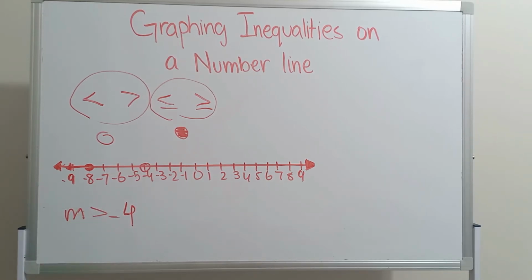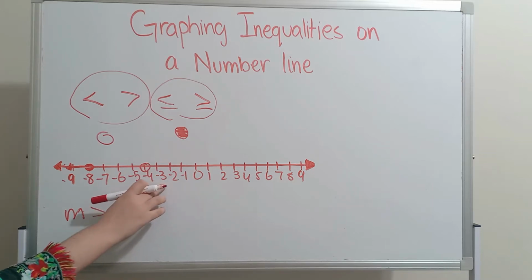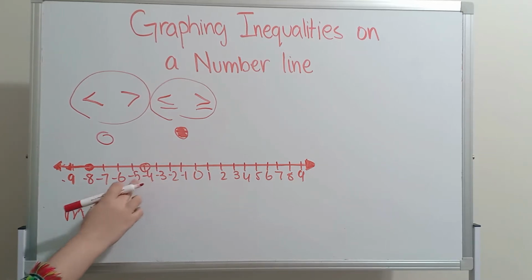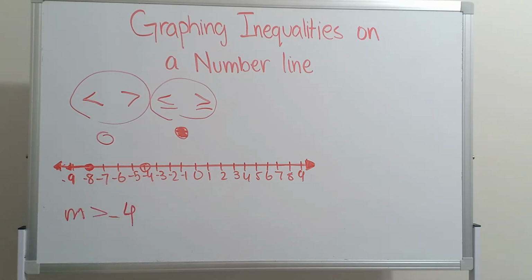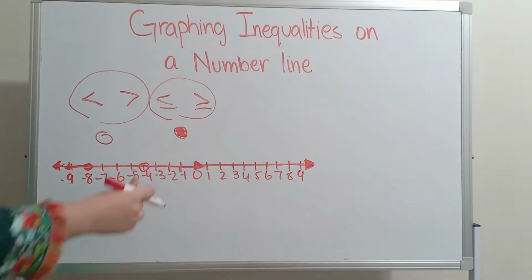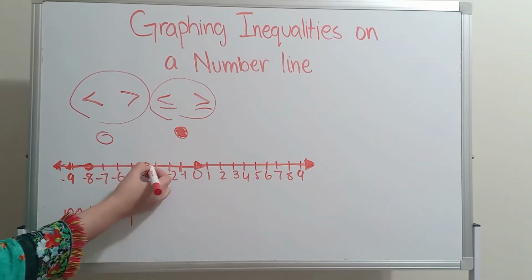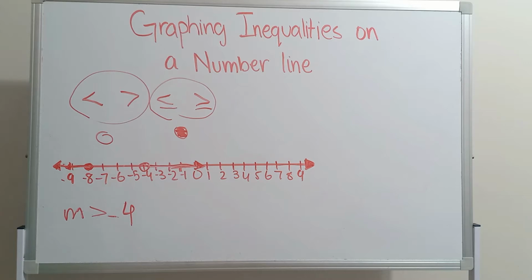Since -3 is greater than -4 and -5 is less than -4, we're going to be going in a direction in which the numbers are only greater than -4. So the arrow would be going this way. If there is a number that is less than -4, then we will be going the other way.